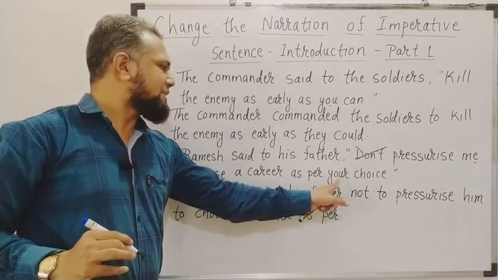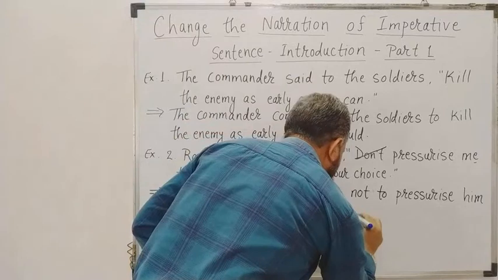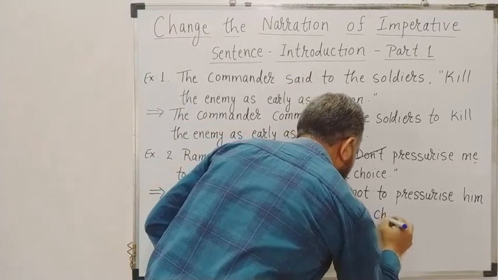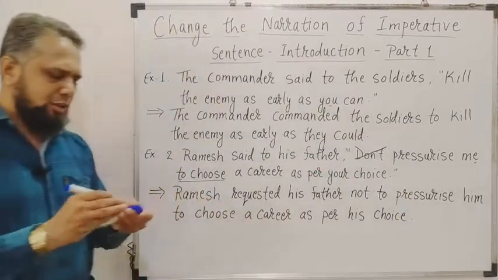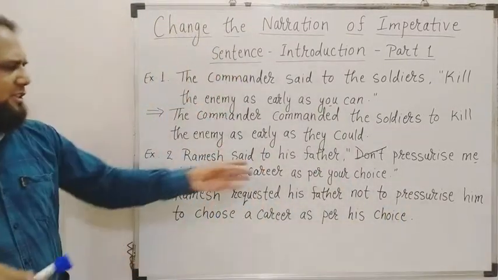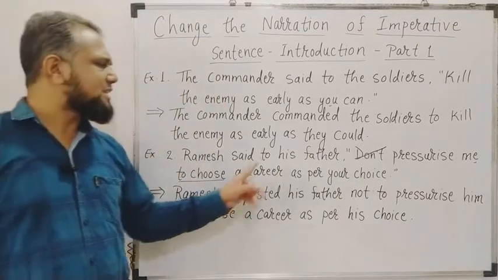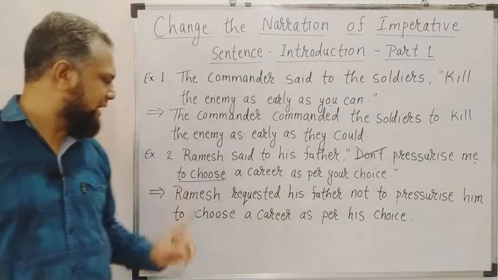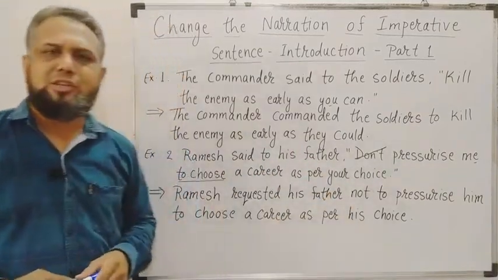Now this your here stands for father. Therefore we have to use his choice. You can also say his father's choice, but this is also correct. Our answer will be Ramesh requested his father not to pressurize him to choose a career as per his choice.